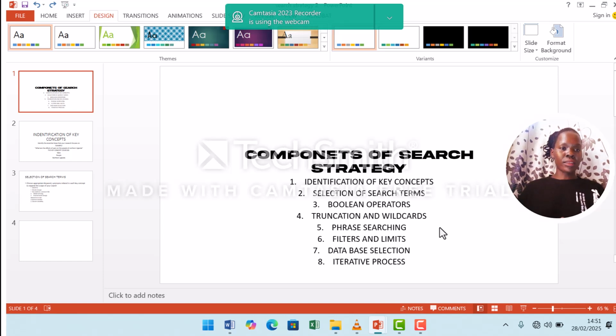So you must not miss any of the components of the search strategy. You have to abide by the components of search strategy in order to make your research more unique in that nice manner.